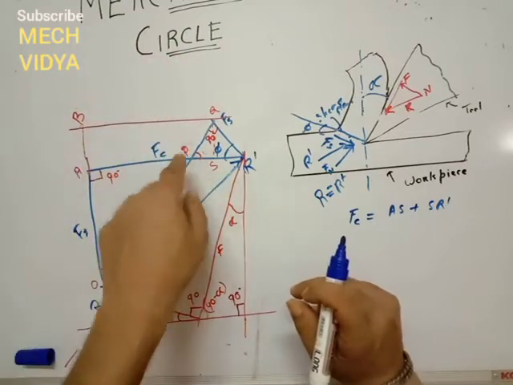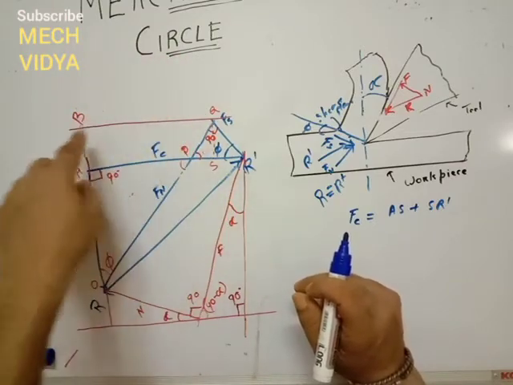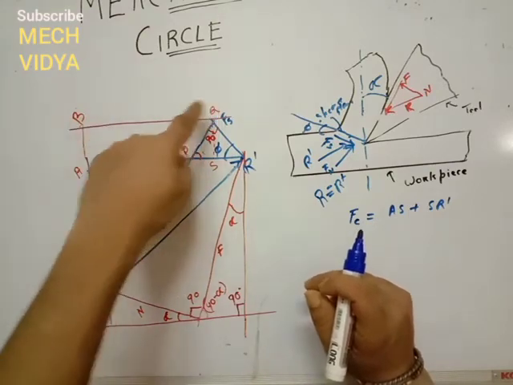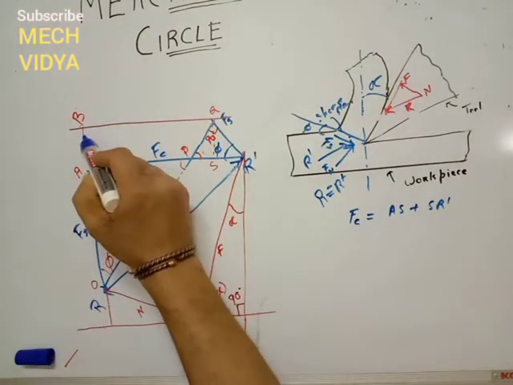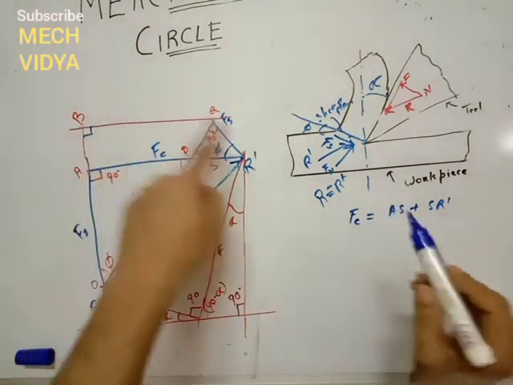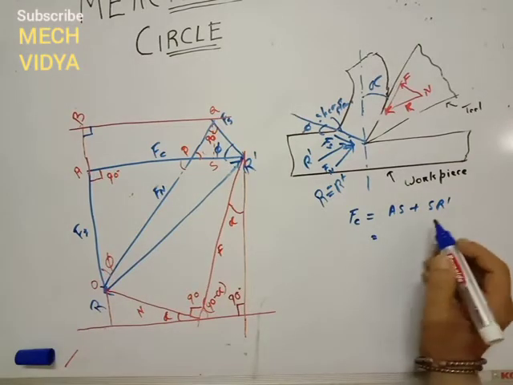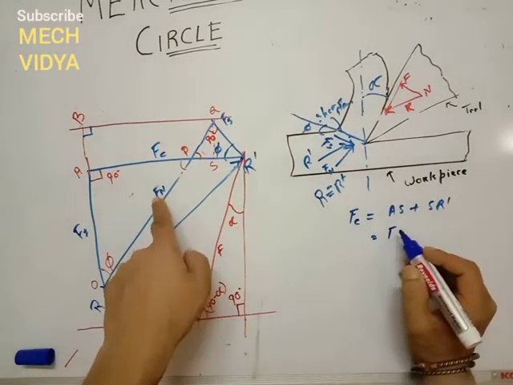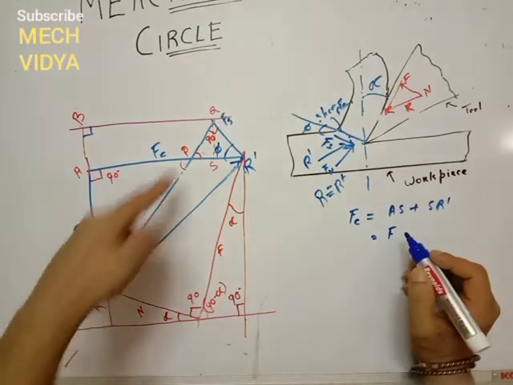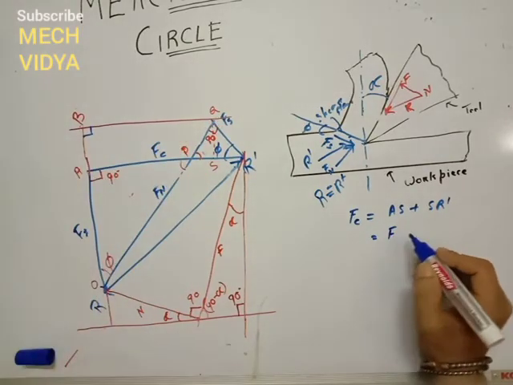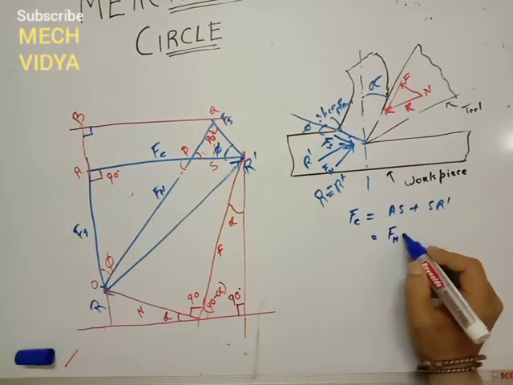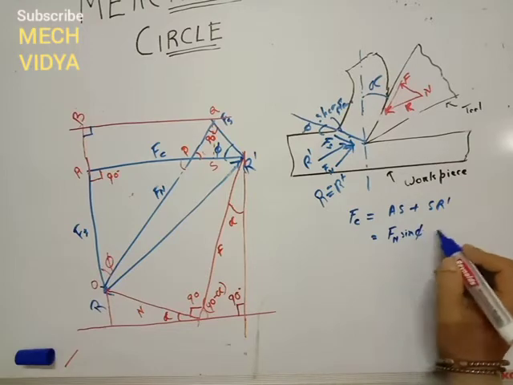So indirectly we have to find out BQ. So what is BQ? If we consider OBQ, this is a right angle triangle, so this BQ will be equal to Fn, this is the hypotenuse of this triangle, Fn sine phi.